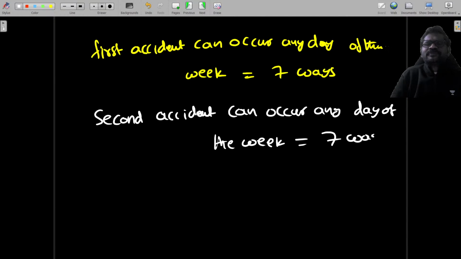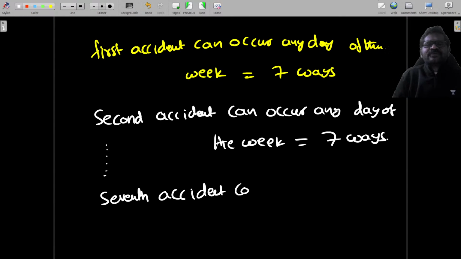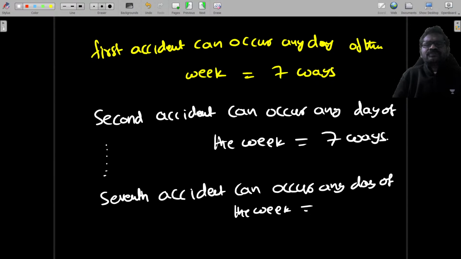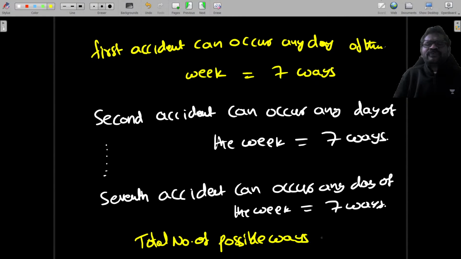So 7 ways. Like that, the 7th accident can occur any day of the week. Therefore, 7 ways. Now, total number of possible ways is 7 into 7, 7 times, therefore 7 power 7.